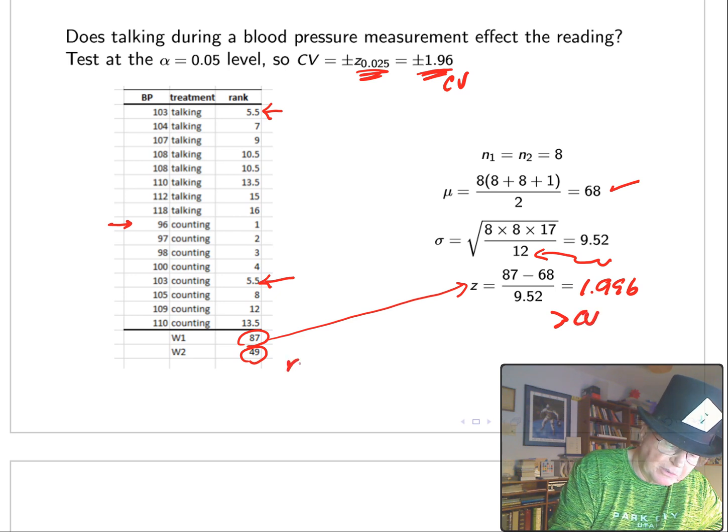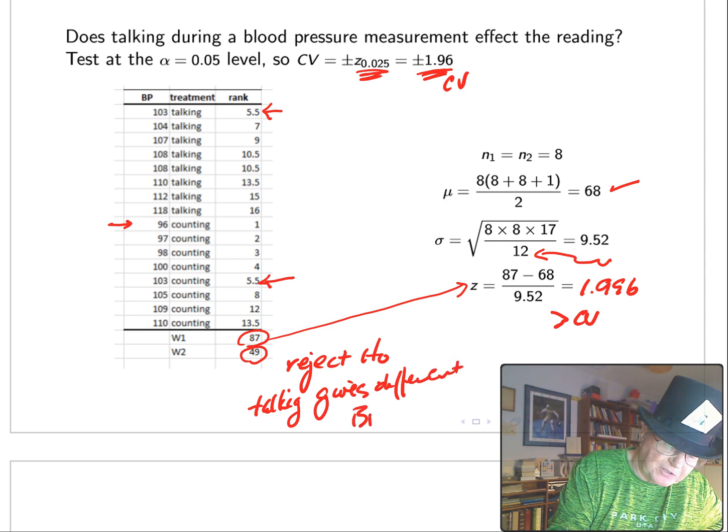And so we'll reject the null hypothesis, and talking gives different blood pressure readings. I say different because it was a two-sided test.